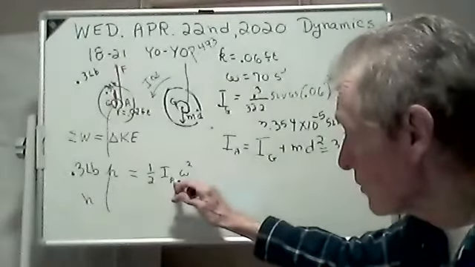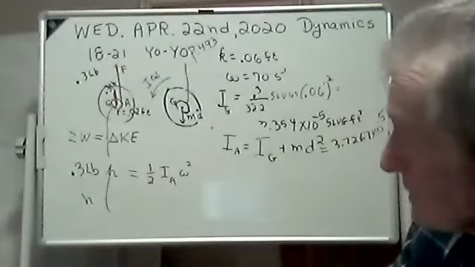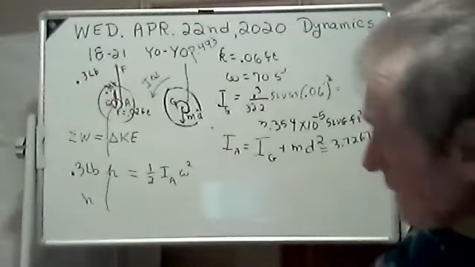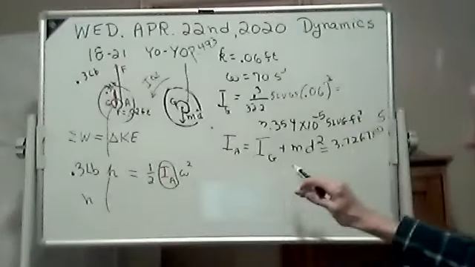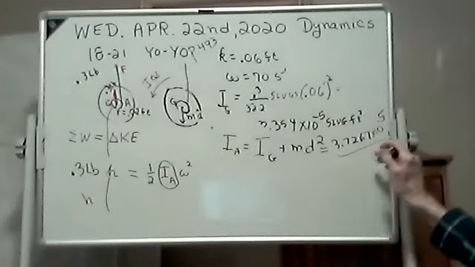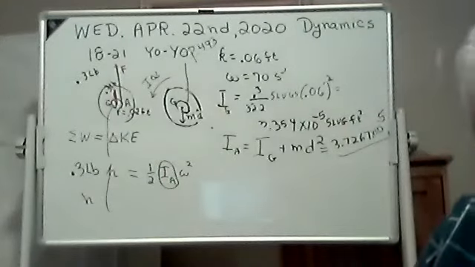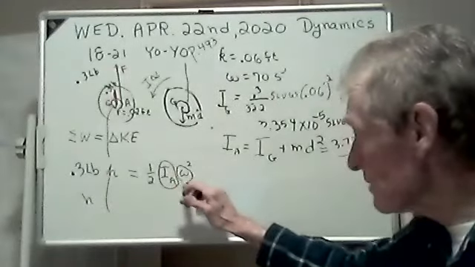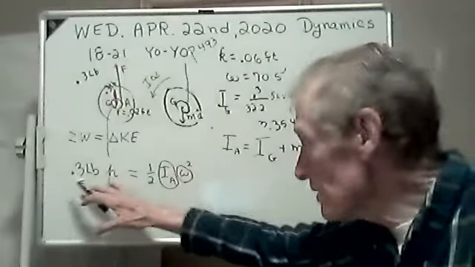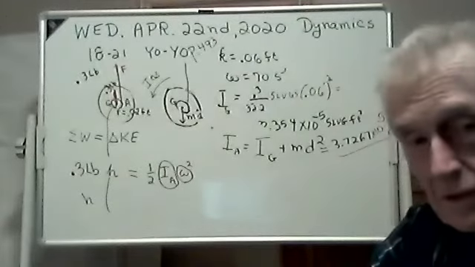That will give you the total kinetic energy. And we know what this I_A is. It's right here. We have it. Yay. And they give you this. They said this is 70.